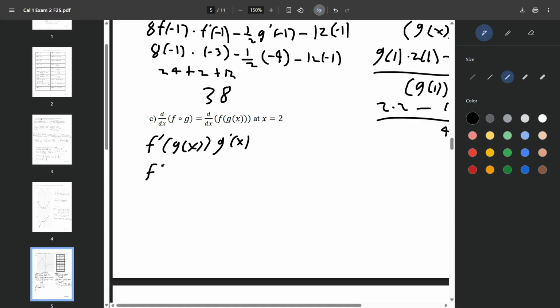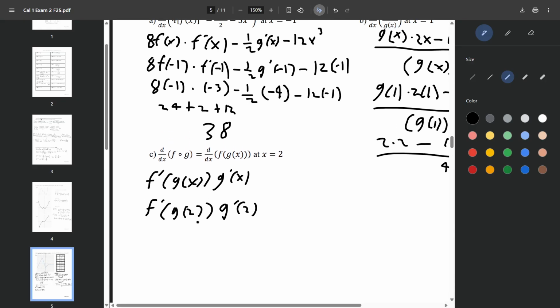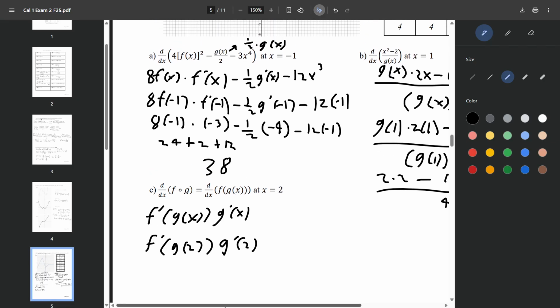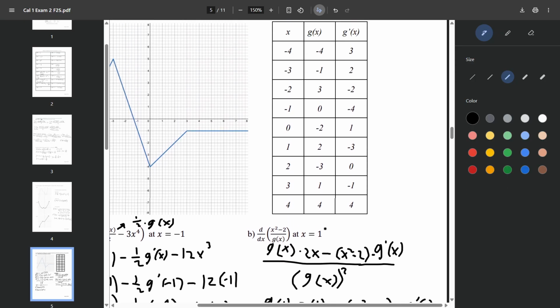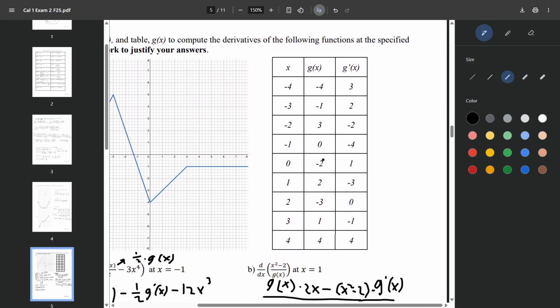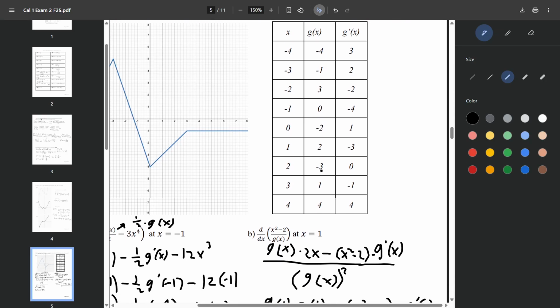Then we plug in our values, so f prime of g of 2 times g prime of 2. And so we'll now find the values for g of 2 and g prime of 2, which seem to be negative 3 and 0.